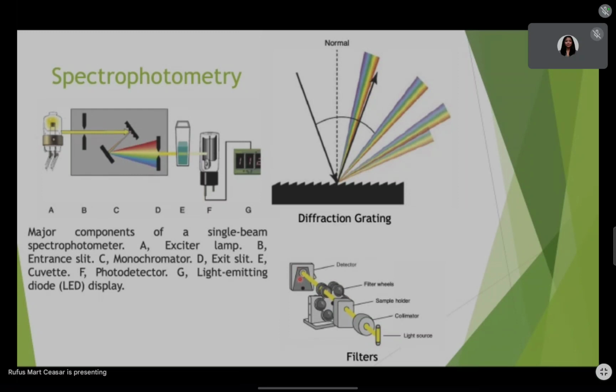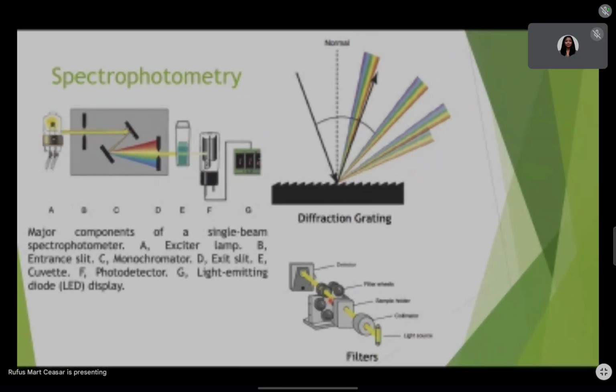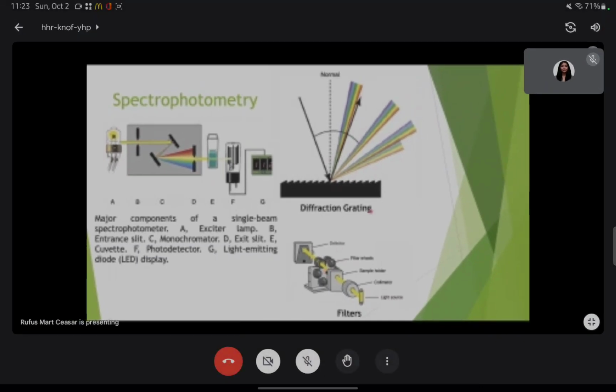Usually, ito ay buong spectrophotometer itong nakalagay dito. Meron tayong light source, merong collimator, pang-focus. Tapos sample holder, ito yung sample holder. Tapos yung filter wheels, yan yung filter. Or minsan, gumagamit din ng diffraction grating.